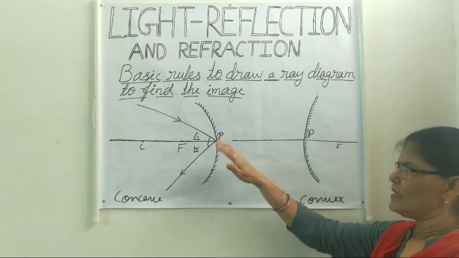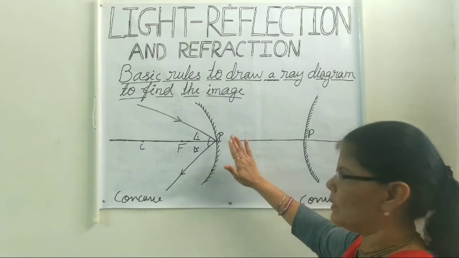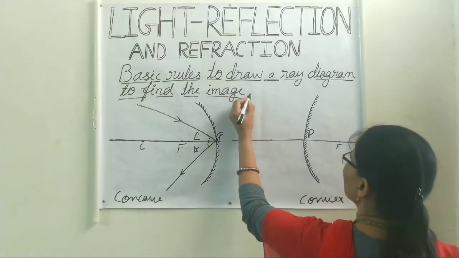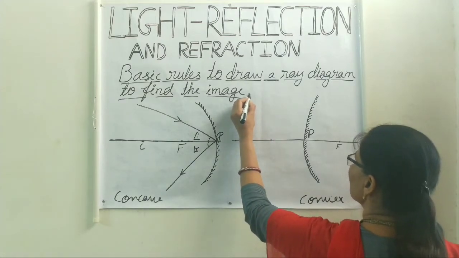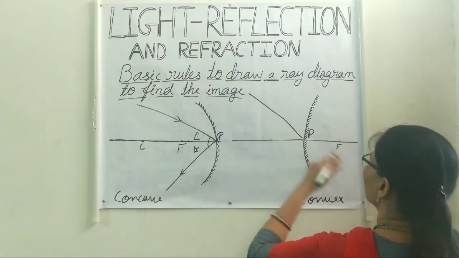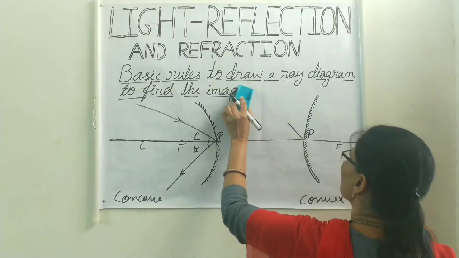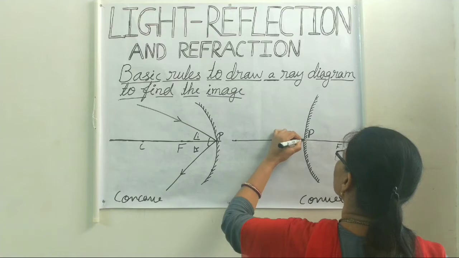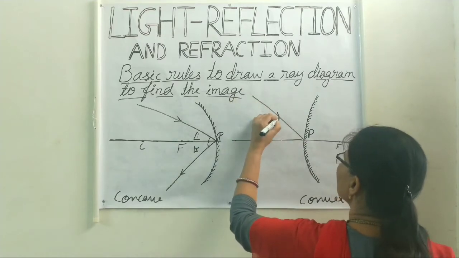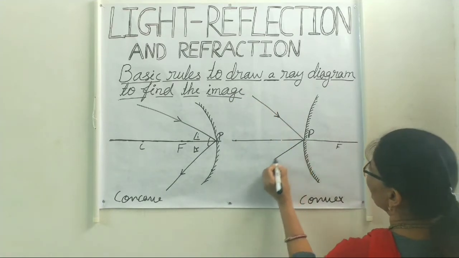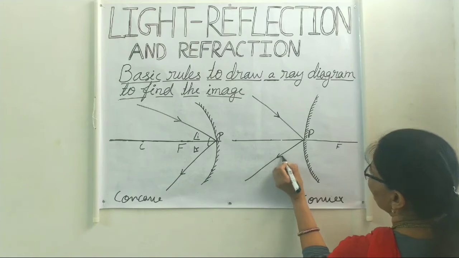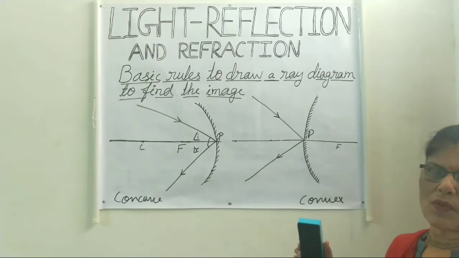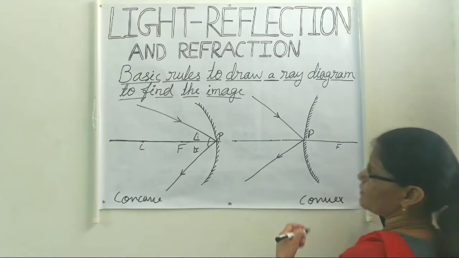This is in the case of concave mirror. In the case of convex mirror also, when the incident ray falls obliquely on the mirror like this, obliquely at the pole of the mirror, like that, this is the incident ray, then it will be reflected obliquely, and it will follow the law of reflection also.